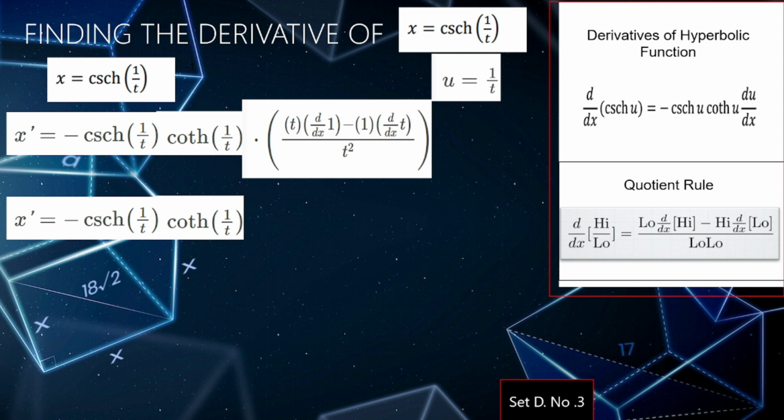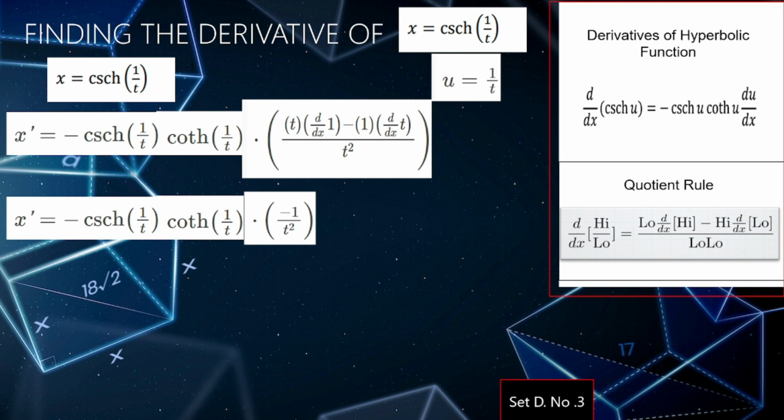Then we will have x prime is equal to negative hyperbolic cosecant of 1 over t, hyperbolic cotangent of 1 over t, times negative 1 over t squared. Because the derivative of 1 is 0.